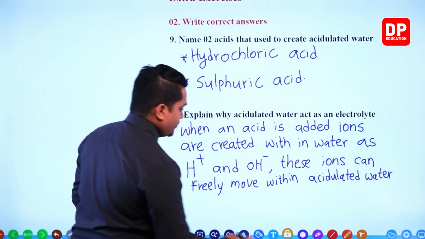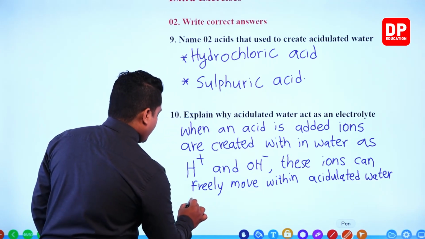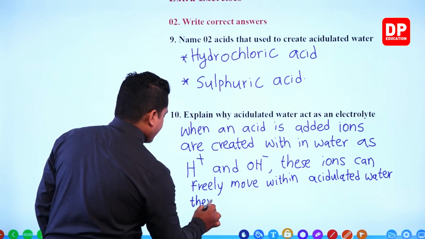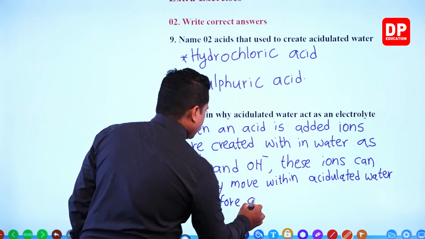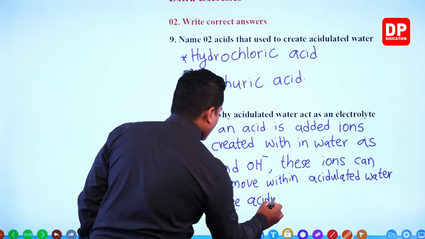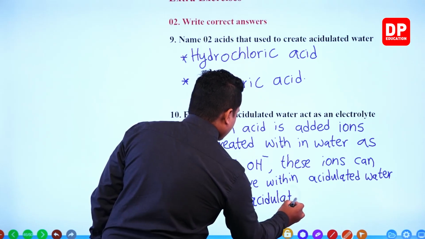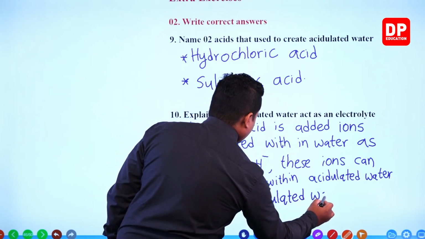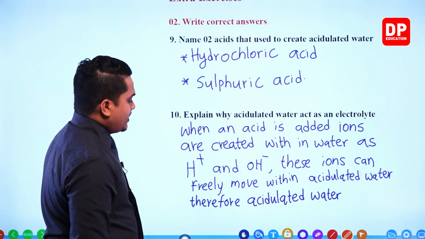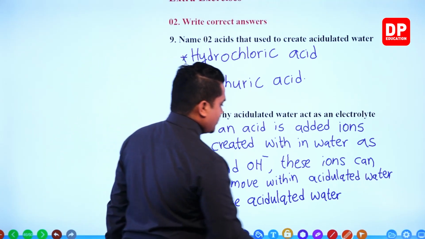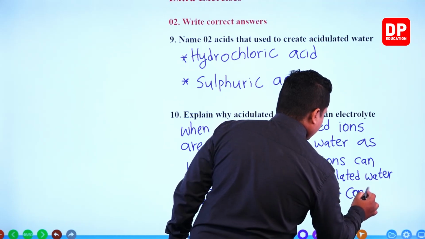Okay, so therefore, acidulated water conducts electricity.